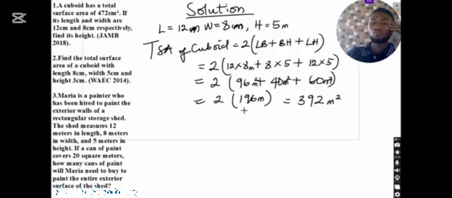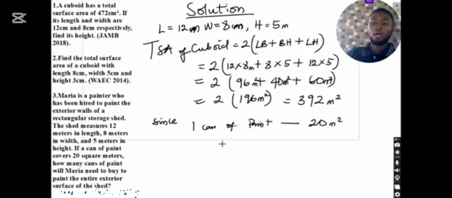So the total surface area of the shed is 392 meters squared. Since one can of paint would cover 20 square meters, how many cans, x, will cover 392 square meters?